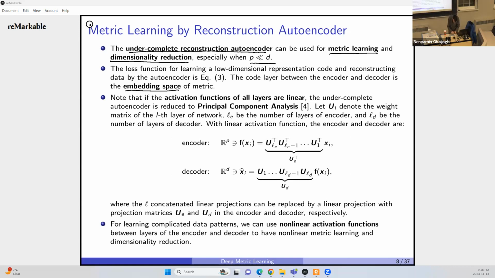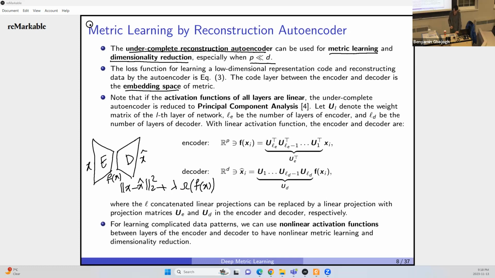So basically, with encoder, decoder, x hat, my loss can be x minus x hat, Euclidean squared, plus lambda times some loss on f of x. So my loss takes both the output of the decoder and the output of the encoder into account.